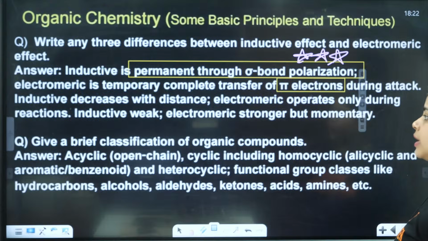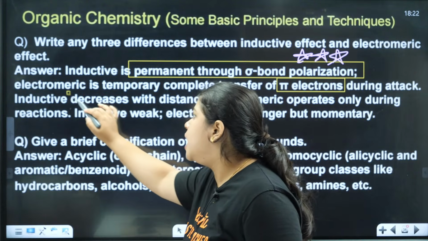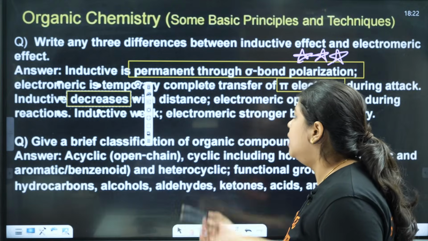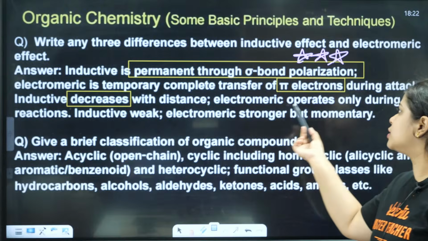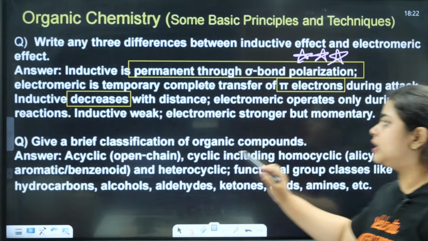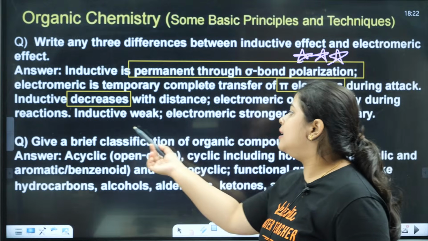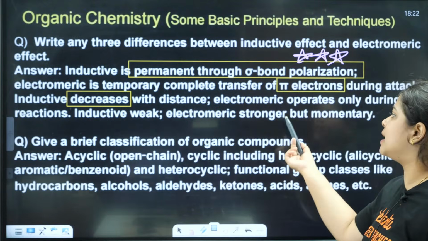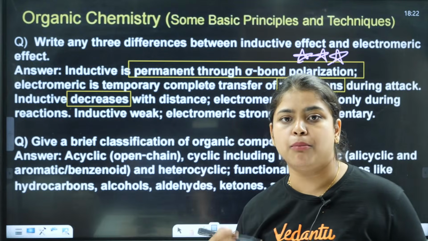Clear? During the attack. And inductive effect starts decreasing with distance. And the electromeric effect operates only during the reactions. Okay. Inductive is weak, whereas electromeric is stronger but momentary.